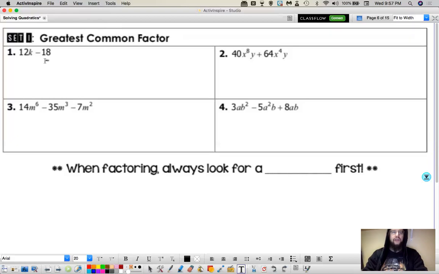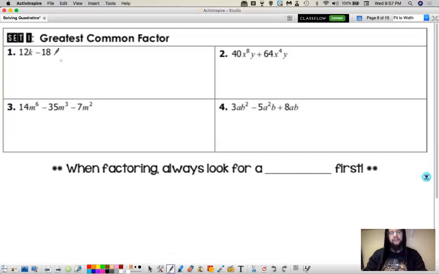Let's see. This guy's got a 12 and an 18. So numbers, I got a 2. Yeah, they both have 2 in them. They both have a 3 in them. That's 6. They both have 6 in them. That's our GCF. Because this guy's got a K, but that guy doesn't have a K. So I'm going to factor out a 6.